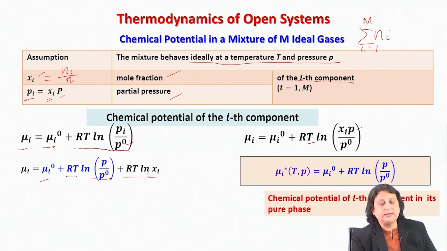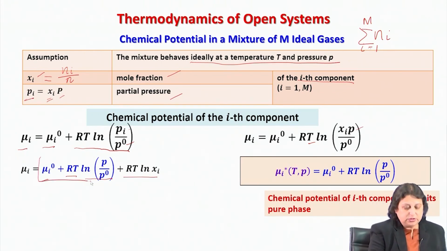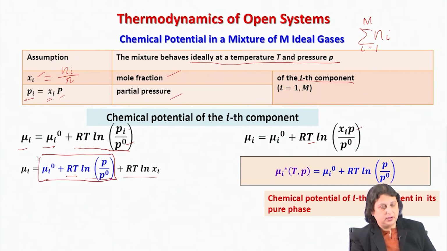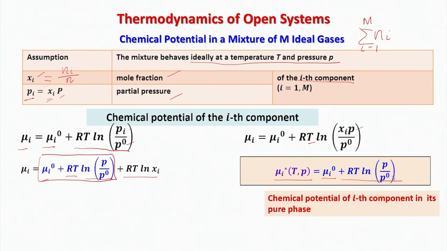Now I will look closely once again at the two terms that I have highlighted here in blue. What is this equal to? This must be equal to mu i star at T and P, that is mu i naught plus RT ln P by P naught. Have we seen this expression before?